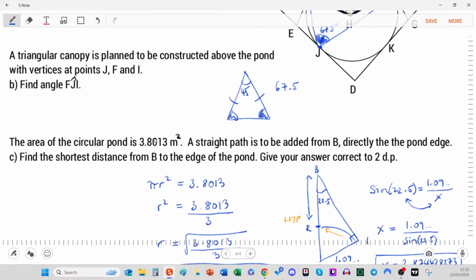Is that what we wanted? Yep, the direct distance from that point to B.